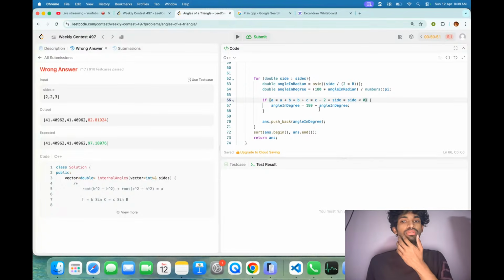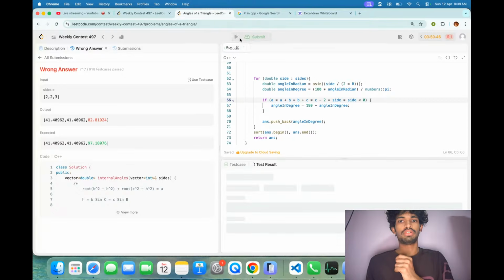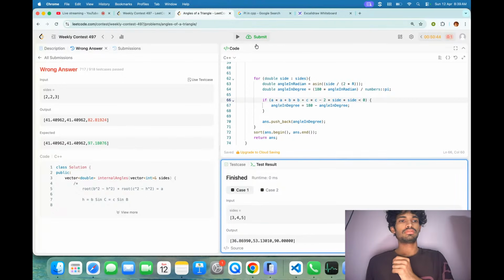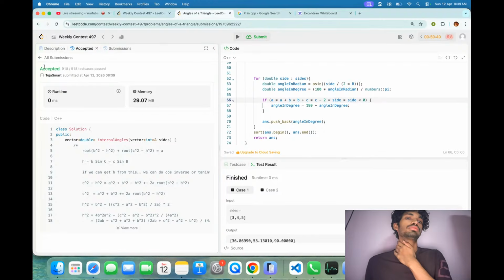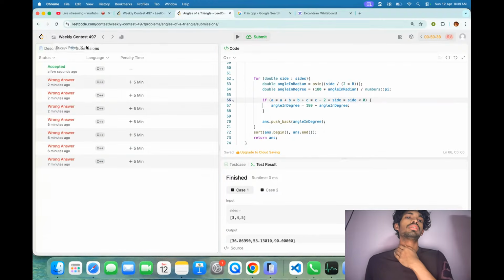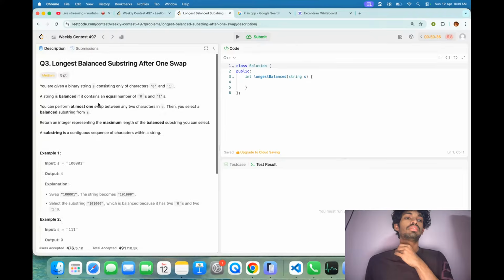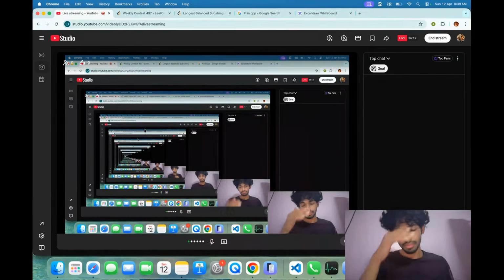That means a square plus b square minus c square is less than 0. Then you have to flip it. This will be right. Now we are at one more medium.